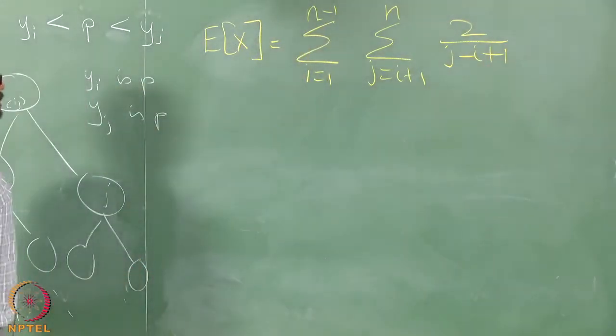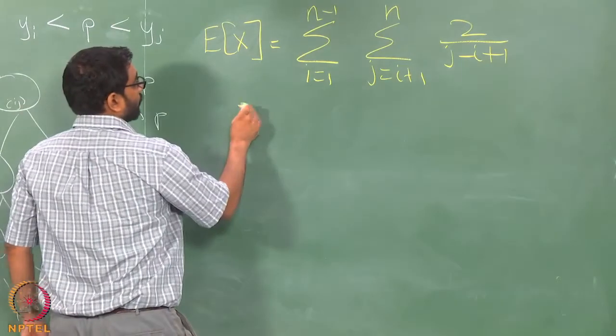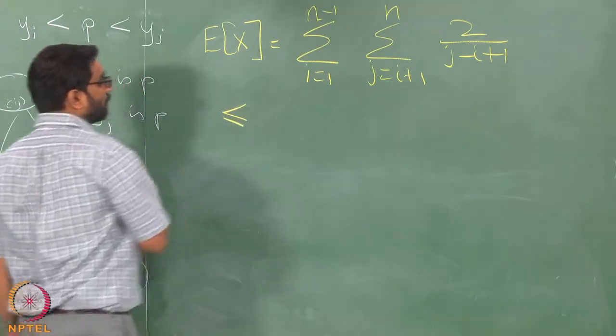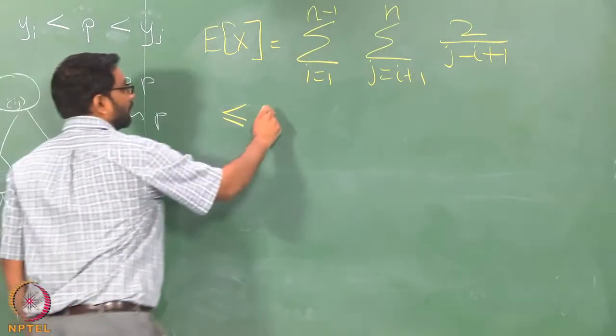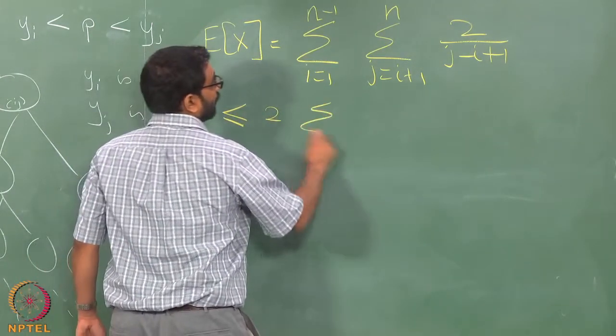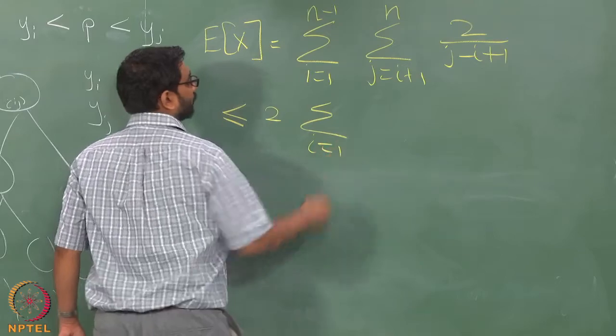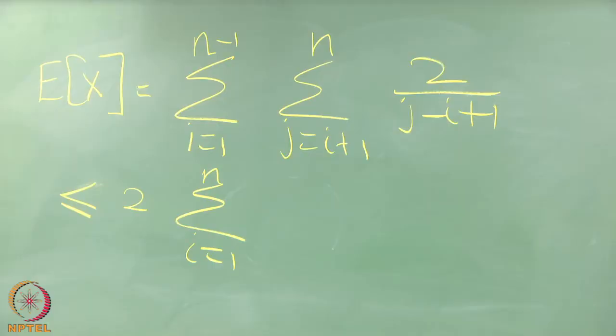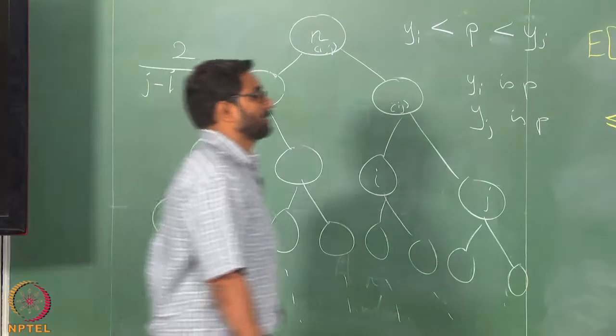Let's simplify things a little bit, and let me be a bit sloppy here. 2, and here I'm going to run i equal to 1 all the way to n. Now this will only increase the quantity on the right hand side, but I don't care about it. I want an upper bound on the expected running time.